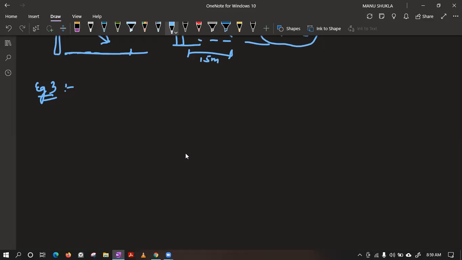Example number 3. If the weight of 12 sheets of thick paper is 40 grams, how many sheets of paper would weigh 2.5 kilograms? Okay. So this time we have two things again, number of sheets and weight.